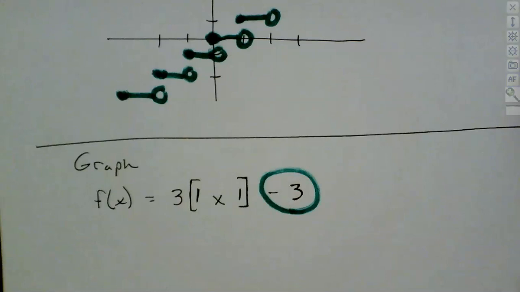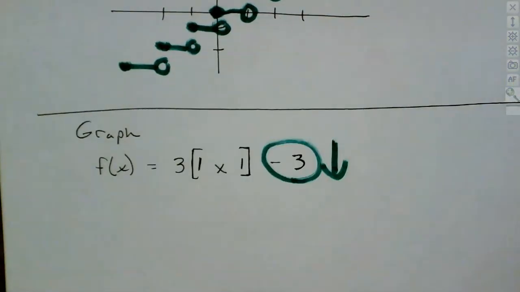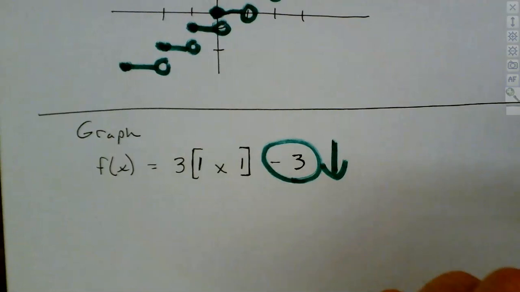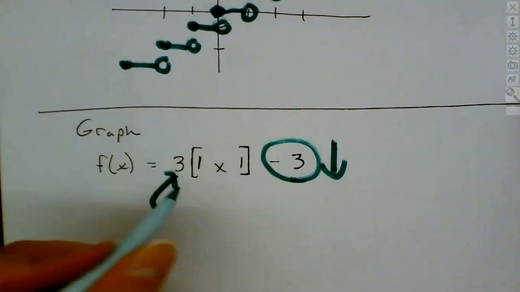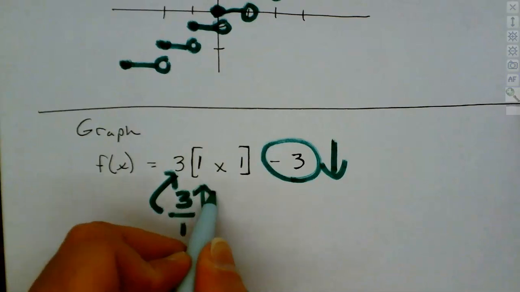This minus 3 is on the end, so that's going to force it down 3 units, isn't it? Is there a number inside to make it go left or right? No. So it's not going to move left or right any. It's just going to go down 3. And what about this 3 here? Well, that's a 3 over 1. So up 3 and over 1.